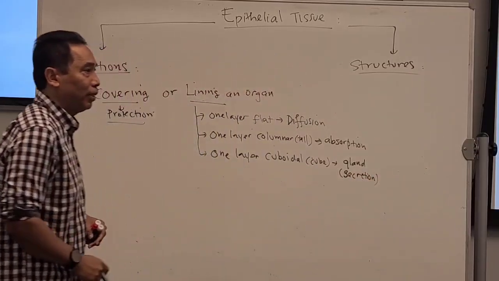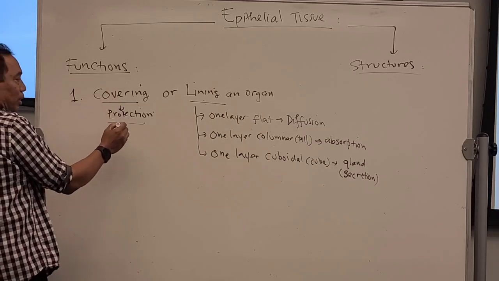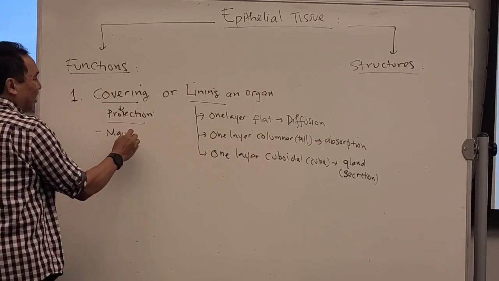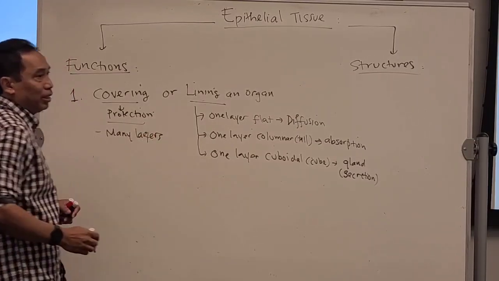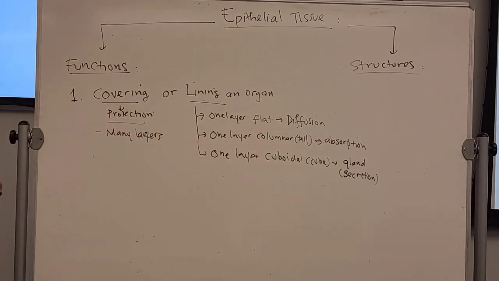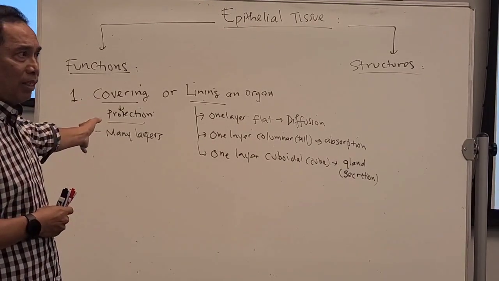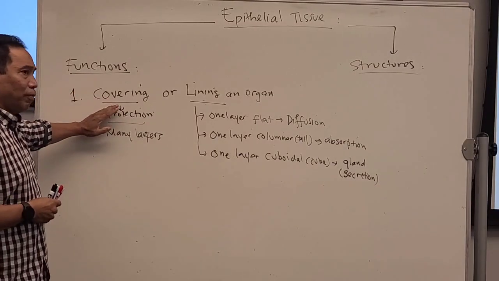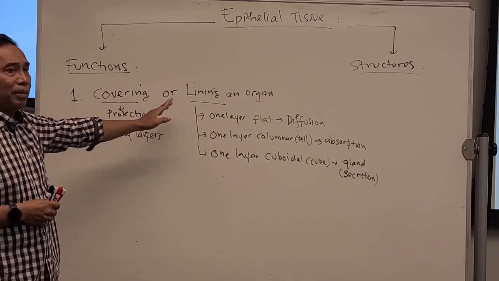Now the one that is covering, which is used for protection, mostly has many layers of cells. Therefore, it's for protection. This is the general function of this first type of epithelial tissue, covering or lining organs.